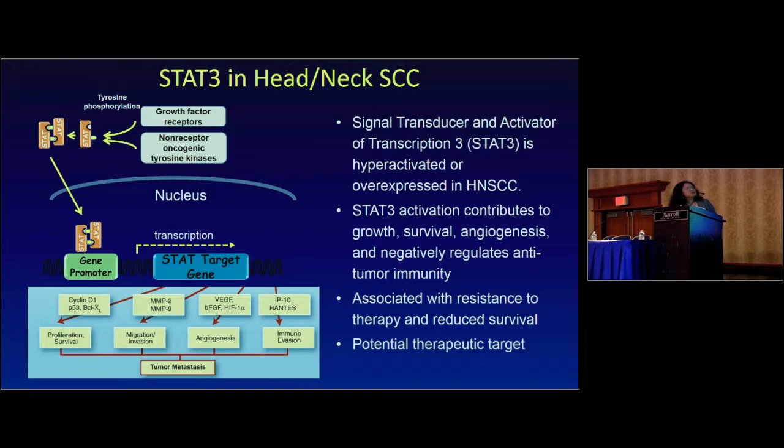This is a transcription factor that translocates to the nucleus and facilitates the transcription of target genes which mediate proliferation, survival, migration, angiogenesis, immune evasion, and ultimately tumor metastasis. This overexpression of STAT3 is associated with resistance to therapy and reduced survival, and therefore it is a potential therapeutic target.